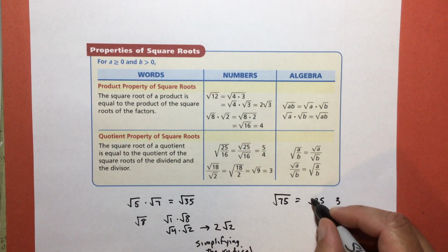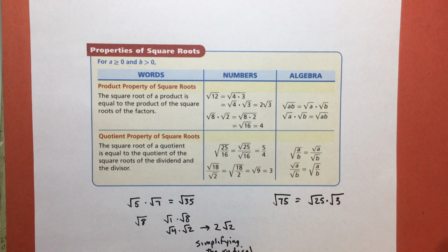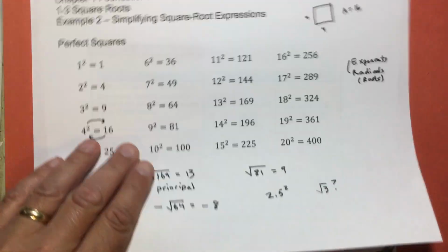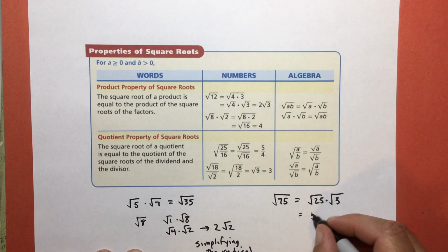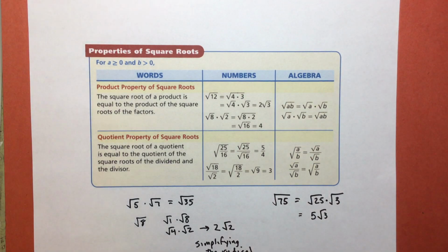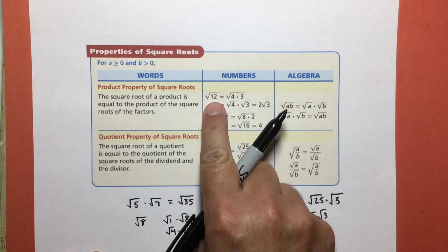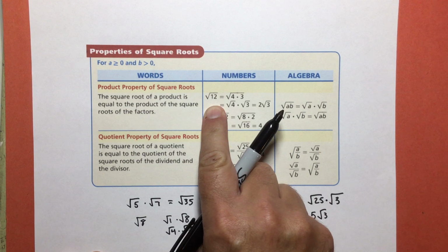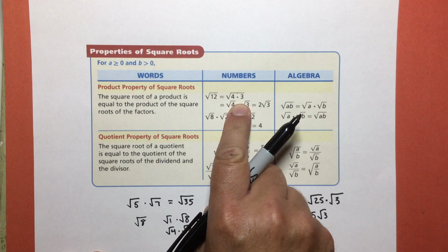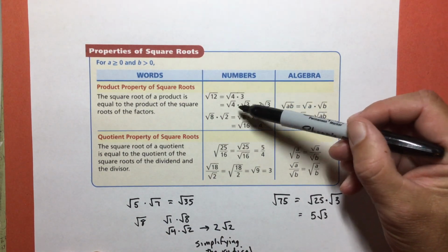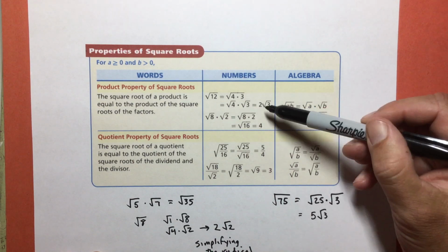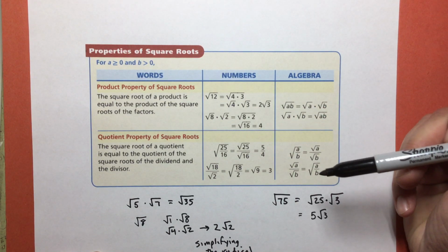So the square root of 75 would be the square root of 25 times the square root of 3. And since 25, going back to this other sheet right here, is a perfect square, simplified, this would be 5 times the square root of 3. So the idea of simplifying a radical is to see if you can factor this number into a perfect square times whatever else. If you can get a perfect square, that's great. In this example, 12 is 4 times 3, and 4 is a perfect square. So we would simplify this and get 2 times the square root of 3, right?